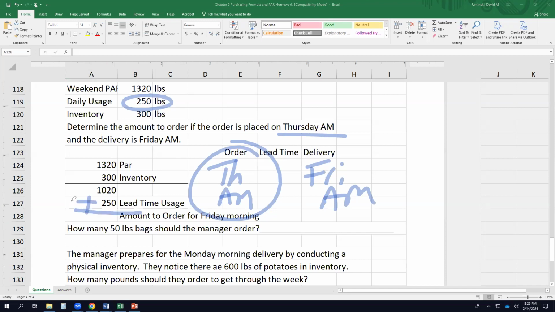When I add those together, I get 1,270 pounds that I should order. If I want 50-pound bags, 1,270 pounds divided by 50, I should order 26 bags. We see how that works? 26 bags is what I should order.